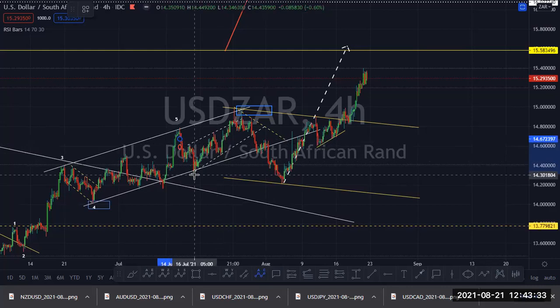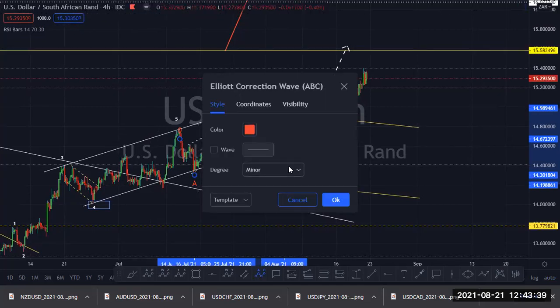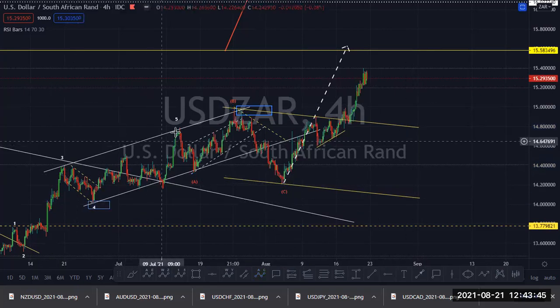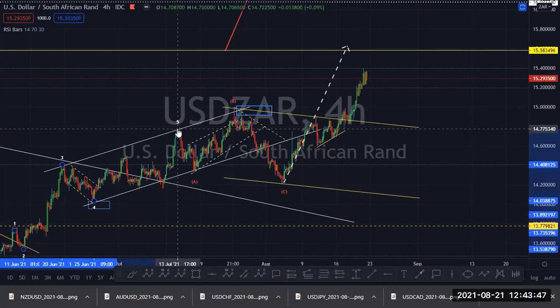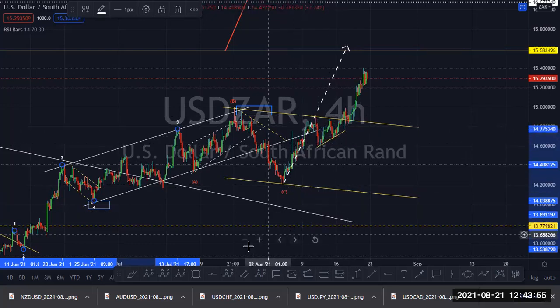But this one, A, B, C. So this is the end of wave 5 of the previous move. So the new count starts here, and if that is so, this is 1, this is 2, so 3 will end somewhere.